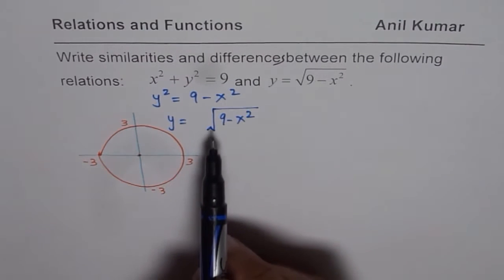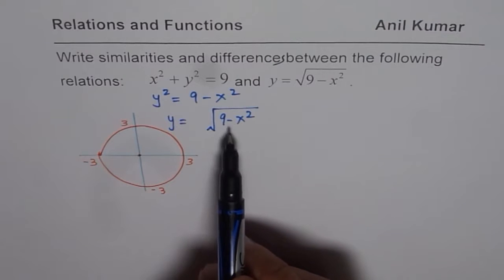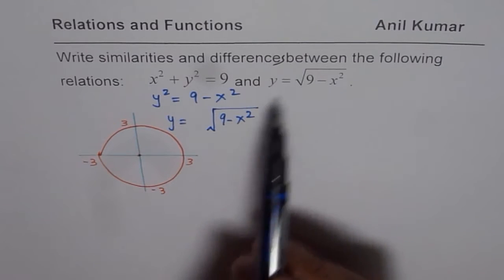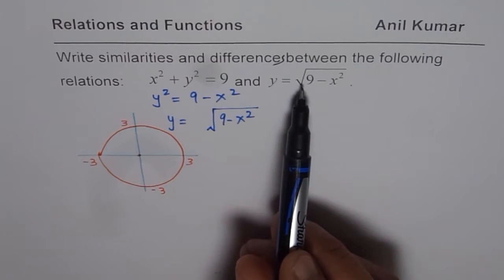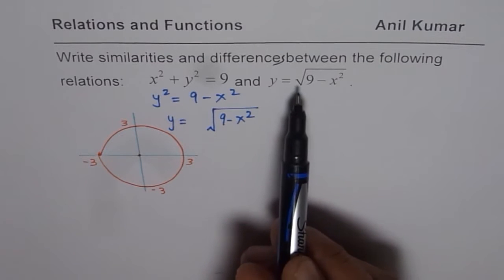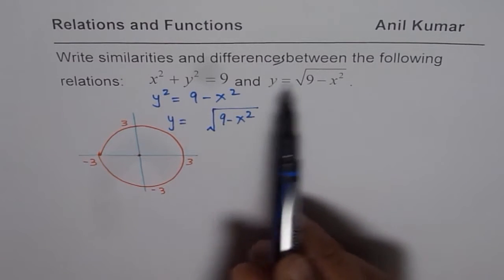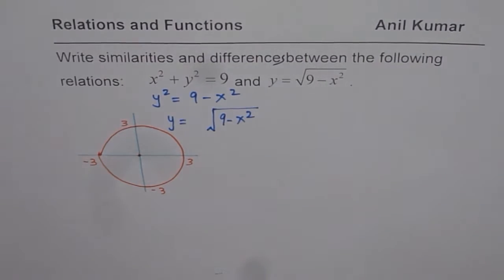Now that is what most of the time students may do, and they get exactly the same relation. And from here one may infer that both are exactly the same relations, so there are no differences between them.